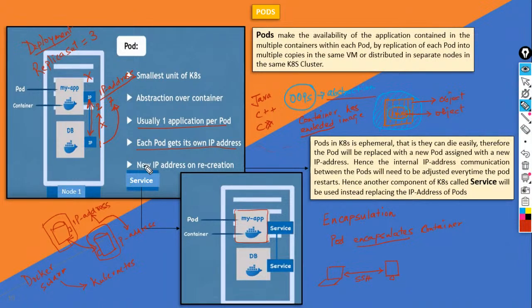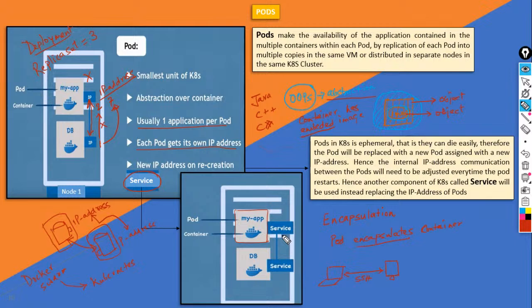So we have another concept called service. A service will replace the IP address. We will attach a service. The pod IP address will always be there, since any pod will have an IP address, but we are not communicating through it.